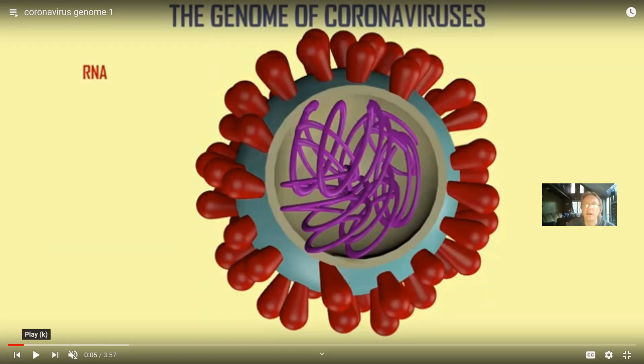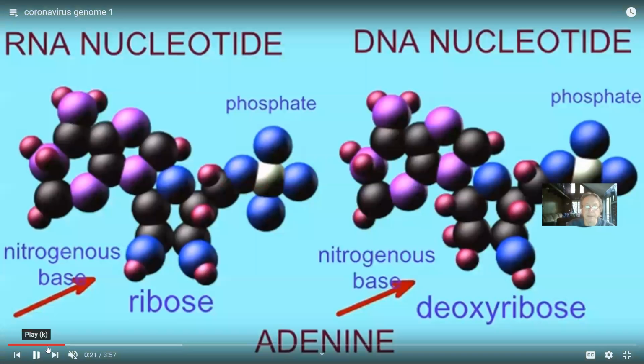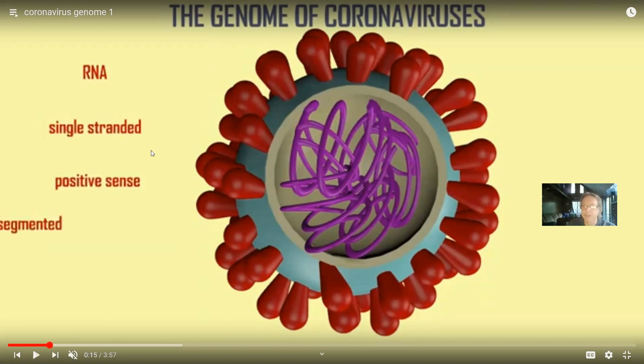The genome of coronaviruses is RNA. They are single-stranded, so they must make themselves double-stranded, but because they're single-stranded and what's called positive sense, the minute it's inserted into a cell, it looks like an mRNA. So human ribosomes can start making viral coronavirus protein immediately because a single-stranded positive sense RNA molecule looks like an mRNA.